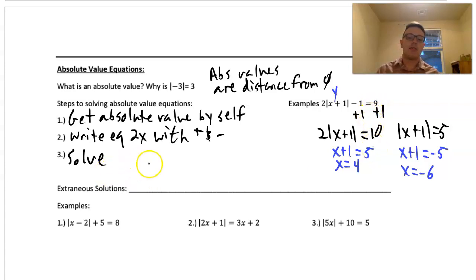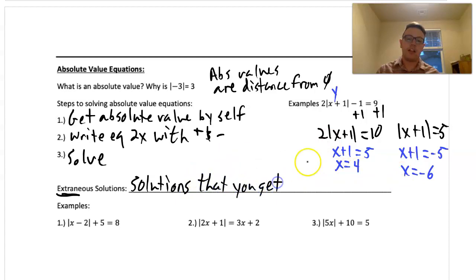However, one thing we have to be careful for when we're dealing with absolute values, and this will show up a little bit later in the year as well, are something called extraneous solutions. And these are extraneous solutions because they're extra. They're not worth it. An extraneous solution is a solution that you get that's not technically right.